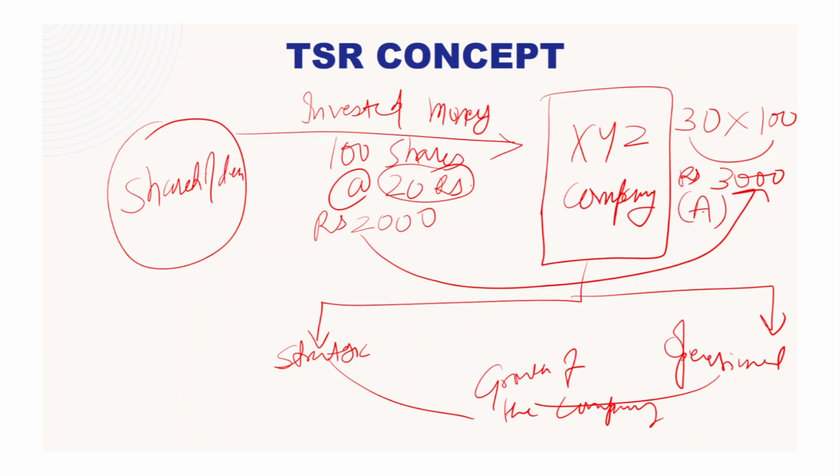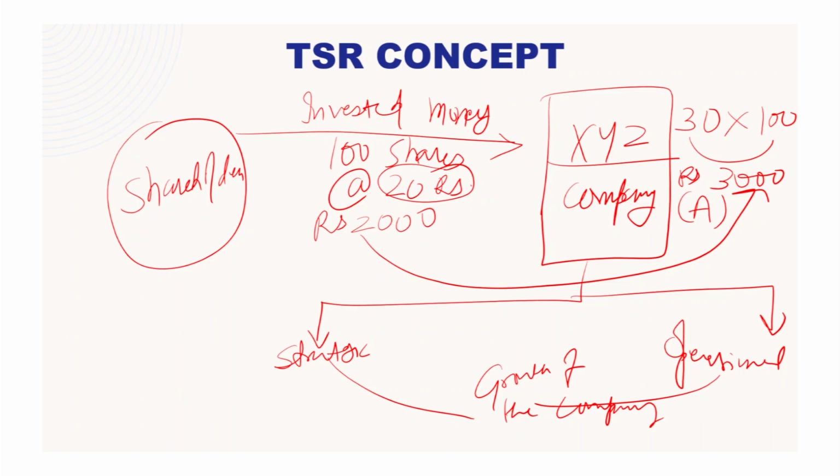What will be part B? The company has announced a dividend as well, that we call the cost of capital. Remember, the company has taken the money from the public or the shareholders. The company has to give it back in terms of compensation that you are giving towards the shareholders for infusing the capital into company XYZ.